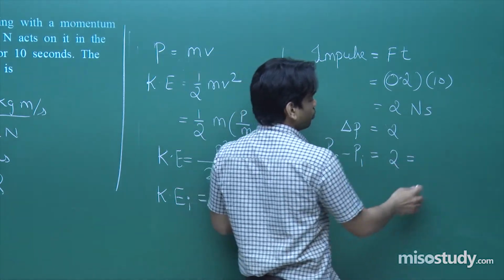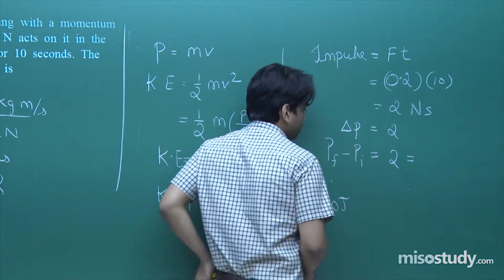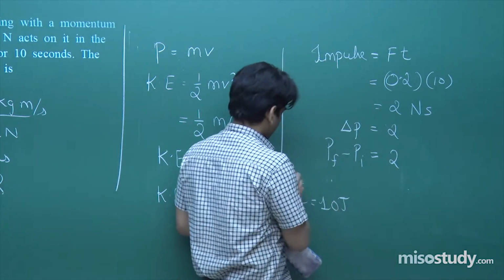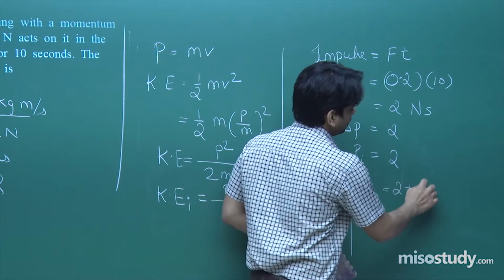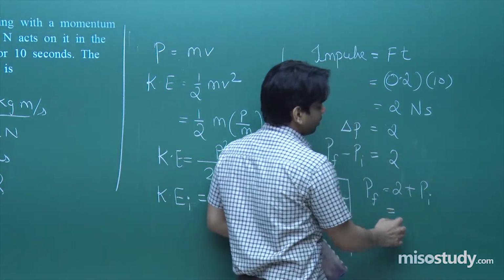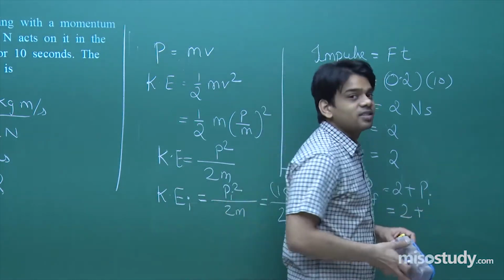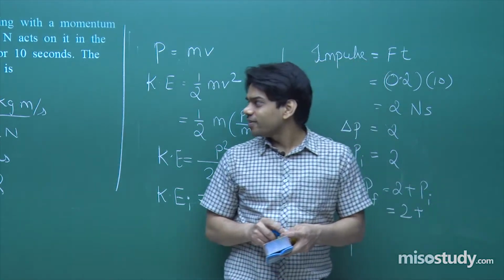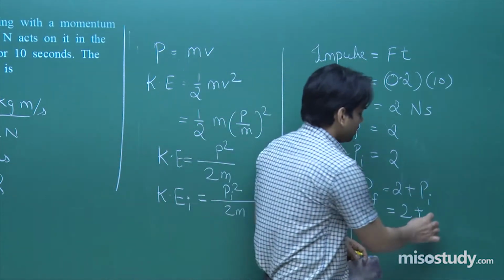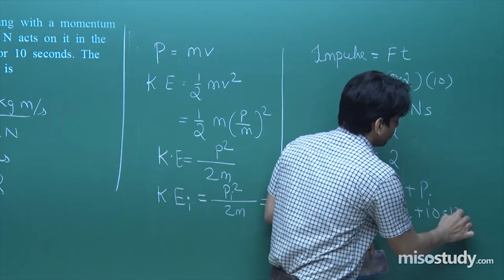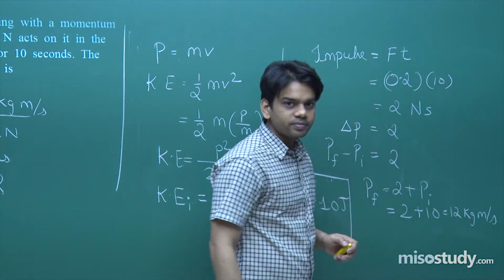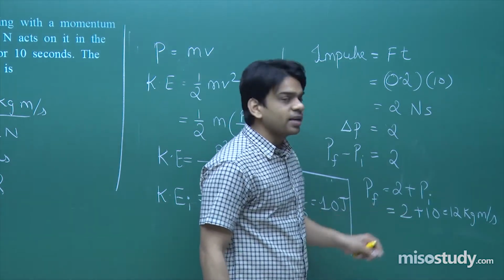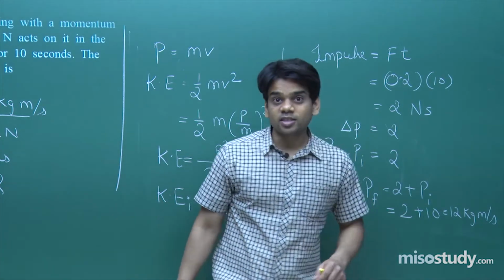So we can write that P final minus P initial is equal to 2. Hence the final momentum will be 2 plus the initial momentum. The initial momentum is given as 10. So 2 plus 10 is equal to 12 kg meter per second. This is the value of the final momentum. Now you see the final kinetic energy. The final kinetic energy is what?